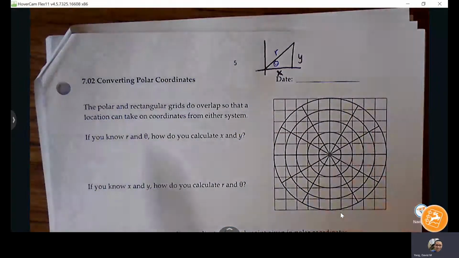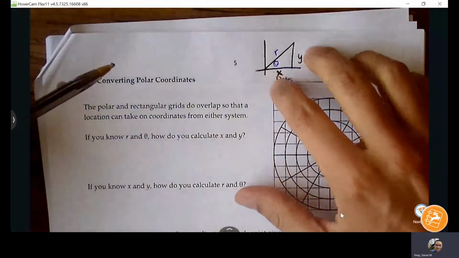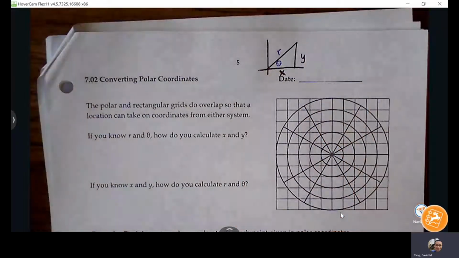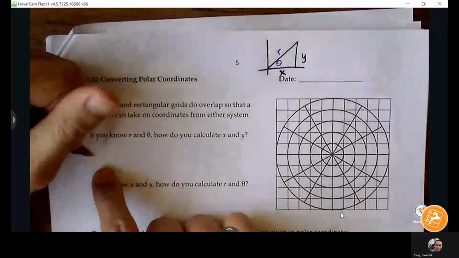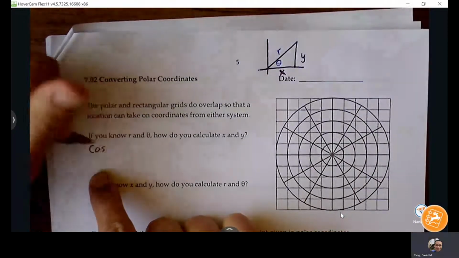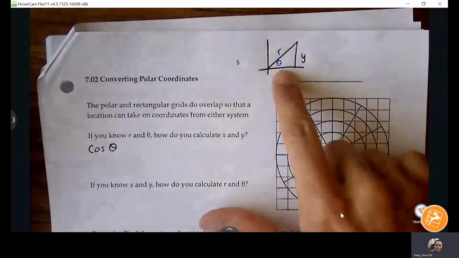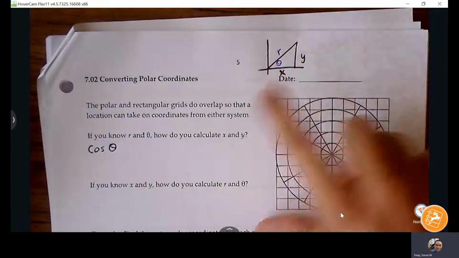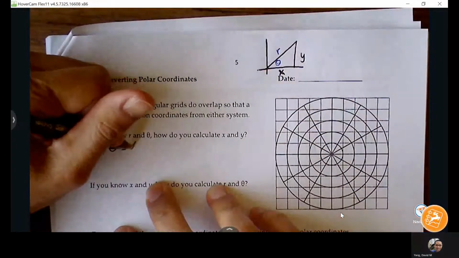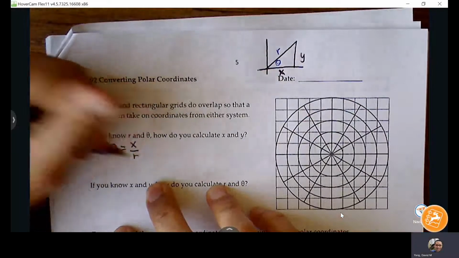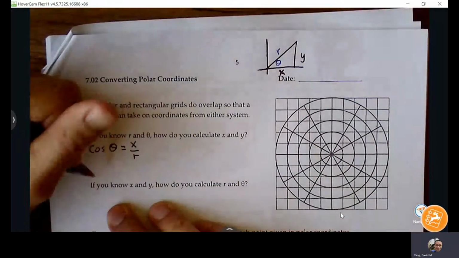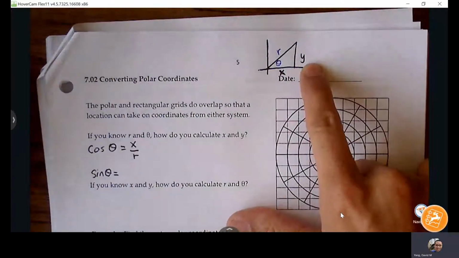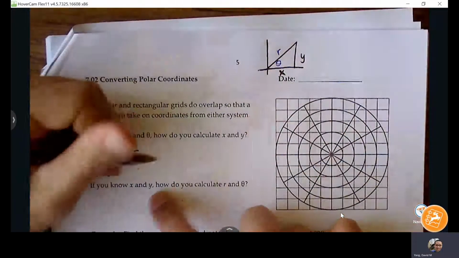And we know that we can get to x in terms of r and theta by using cosine and sine. So we know that cosine of theta will allow us to connect r and x together. And we know that sine of theta is equal to opposite over hypotenuse.